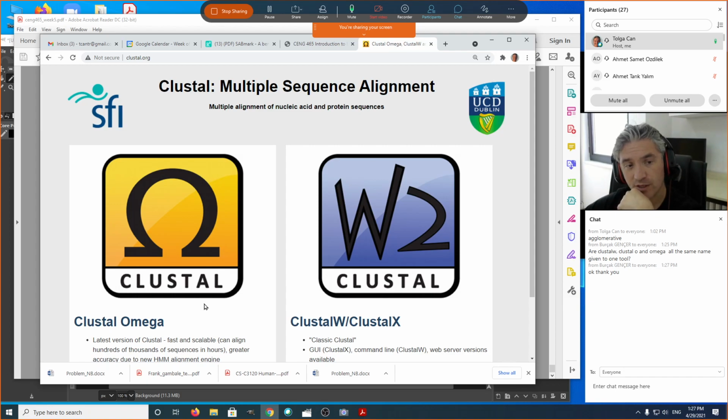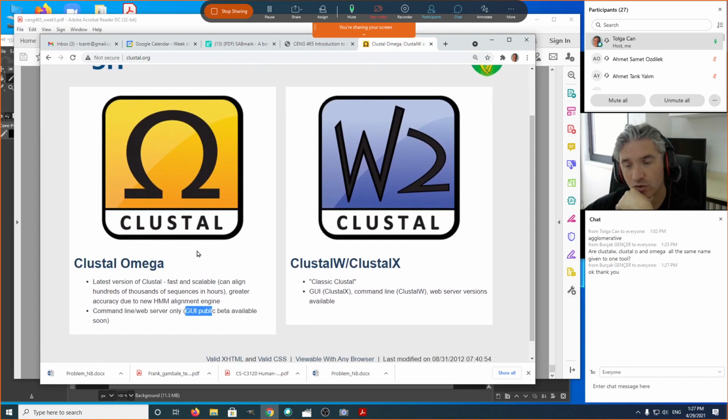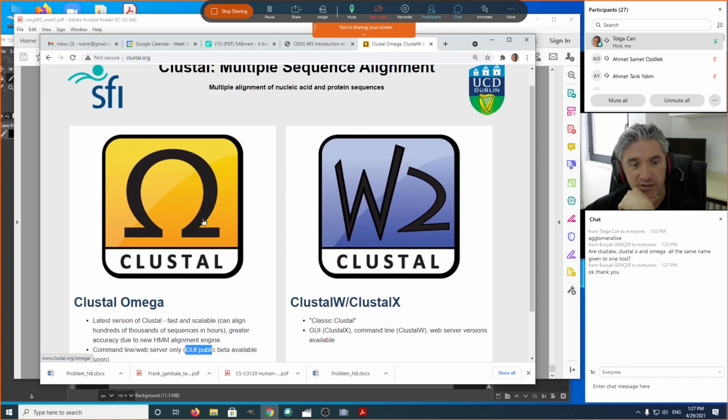If in your research you need to do multiple sequence alignment and you use Clustal Omega as part of your experimental protocol, no reviewer is going to ask you why you used Clustal Omega and why you didn't use T-Coffee. They're not going to do that. Again, if you use T-Coffee or MUSCLE, nobody's going to question why you didn't use another one. They can be used in place of each other. They produce similar results most of the time.